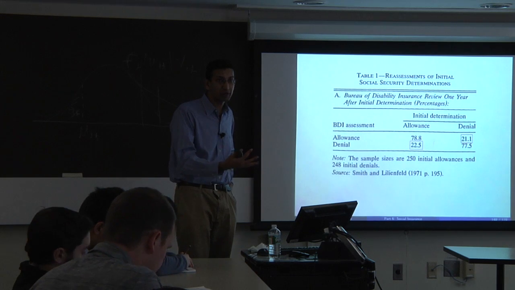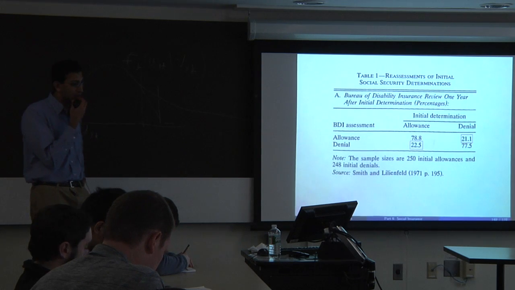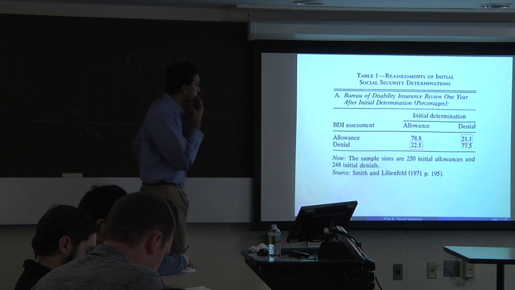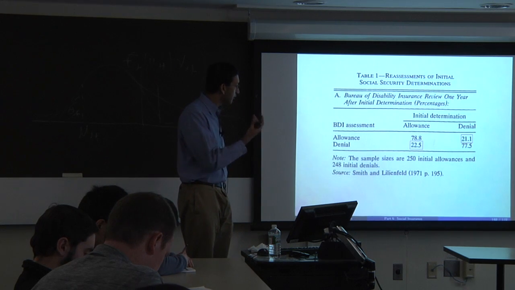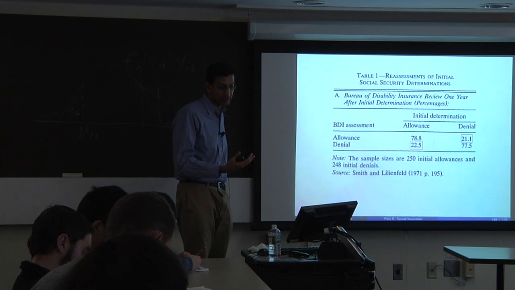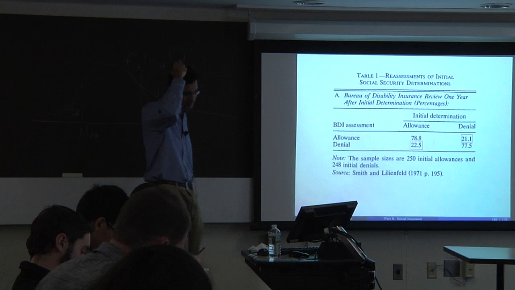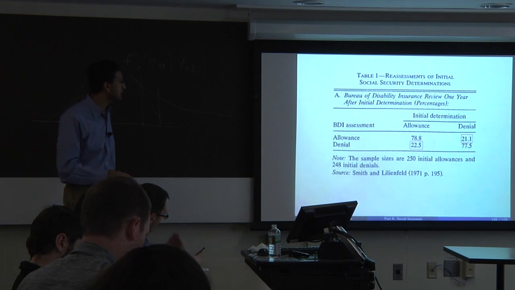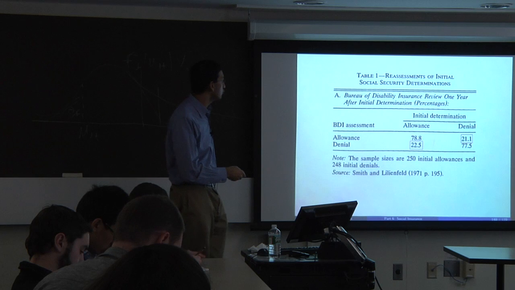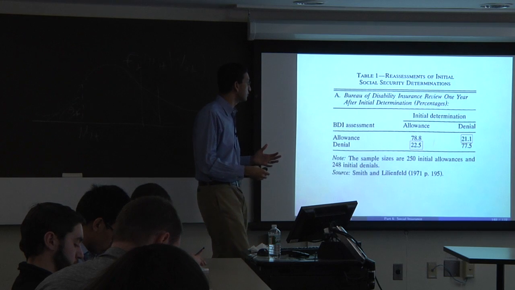All right, so here's why you have a problem in DI that's different from UI. This illustrates the fact that it's very tricky to figure out who is actually eligible for DI and who's not. This is an audit study that establishes that by taking a set of people who had an initial review by the Board of Disability Examiners.